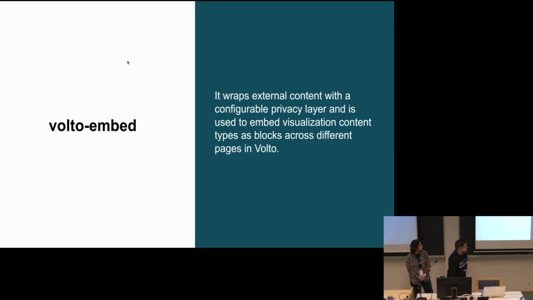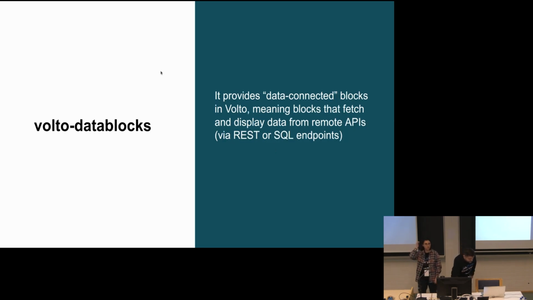Volto embed is the block that we use to embed the visualizations, and it also has a privacy layer. It wraps the content, so it matches GDPR and all that. There's also Volto data blocks, an add-on that connects blocks with data, to fetch and display APIs.